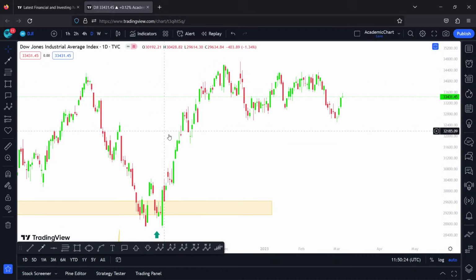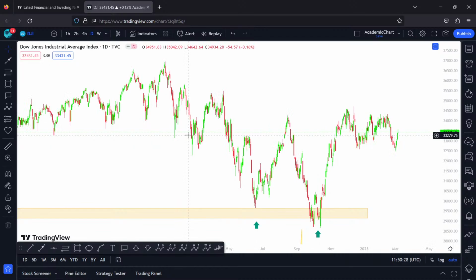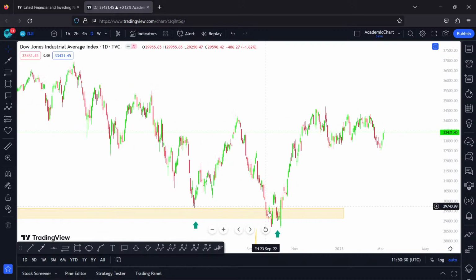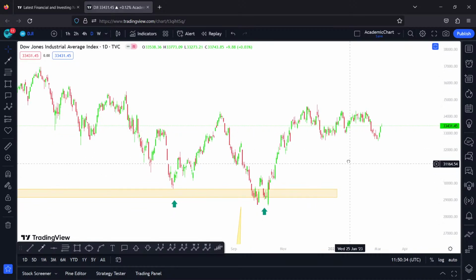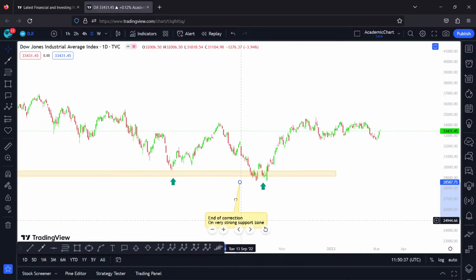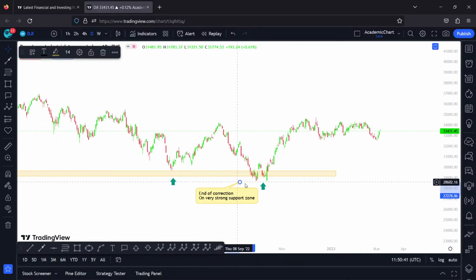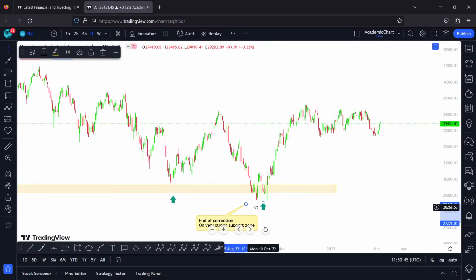Let's look at the daily. I know that it was some sort of corrective structure. The first thing I'm seeing here, the end of what I'm asserting to be the correction, is that it is a double bottom, with a fake out, but also a double bottom.